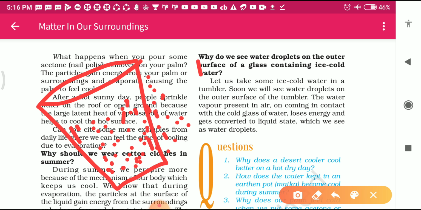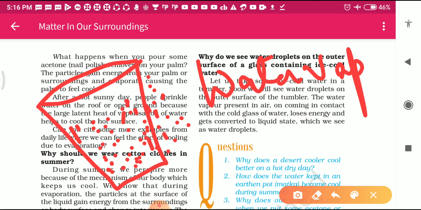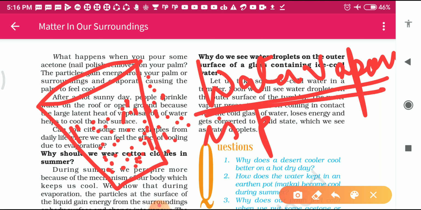Because water vapor is present in our surroundings. When this water vapor comes in contact with the cold glass tumbler, it condenses and converts into droplets of water.